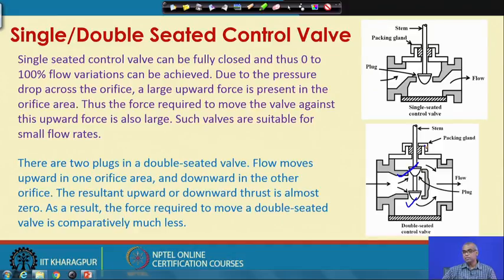So, in case of single seated valve, the force that is required to move the stem is much more compared to the double seated valve, but the single seated valve can be used to completely shut the control valve.